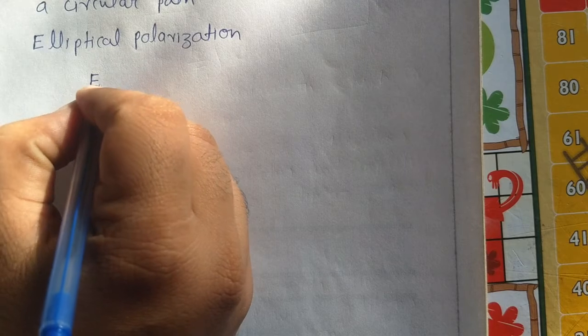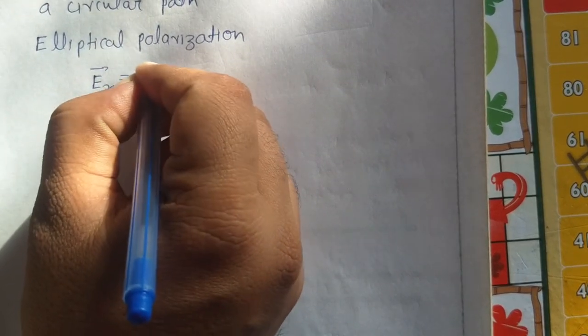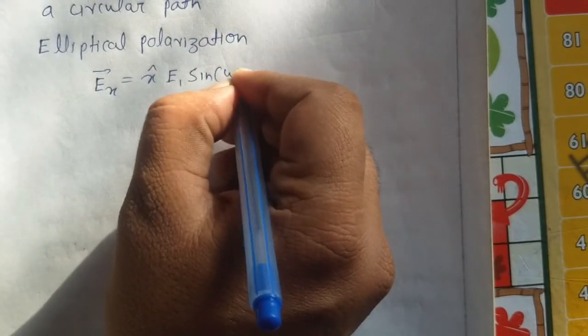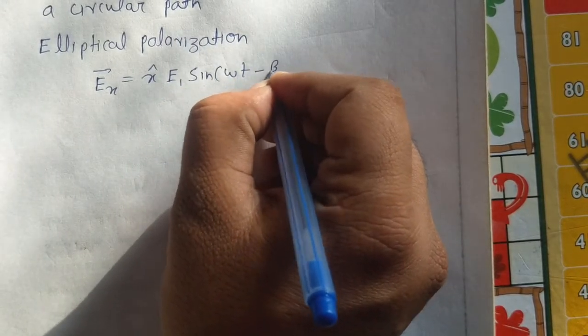You can see here Ex equal to x hat E1 sine omega t minus beta z.